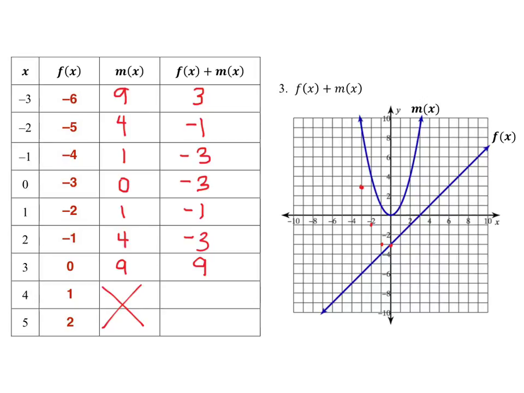X equals 1, y equals negative 1. X equals 2, y, that should actually be a positive 3. And then x equals 3, y equals 9. So then I go and connect this parabola.